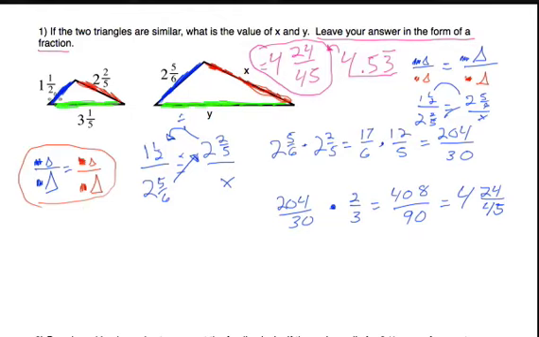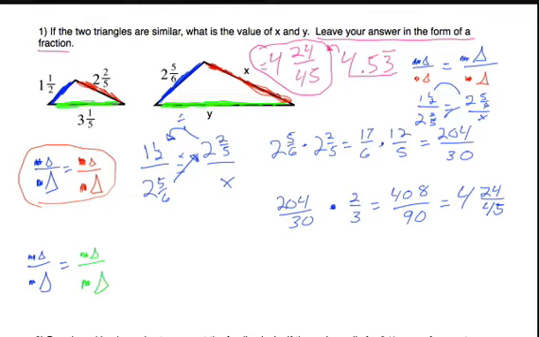Okay, so I'm going to compare the blue side of the small triangle to the blue side of the big triangle, blue of the small to blue of the big, and that should be proportional to the green side of the small to the green side of the big.